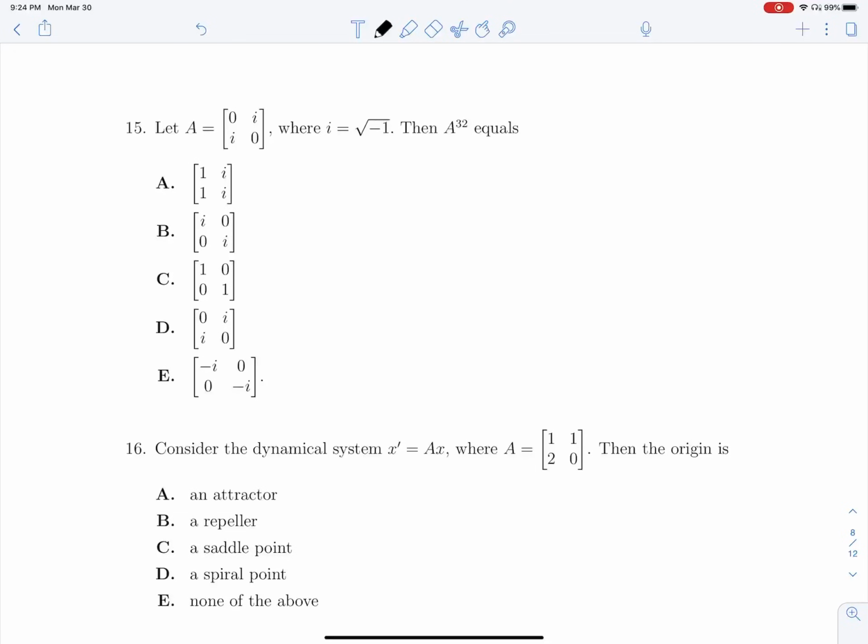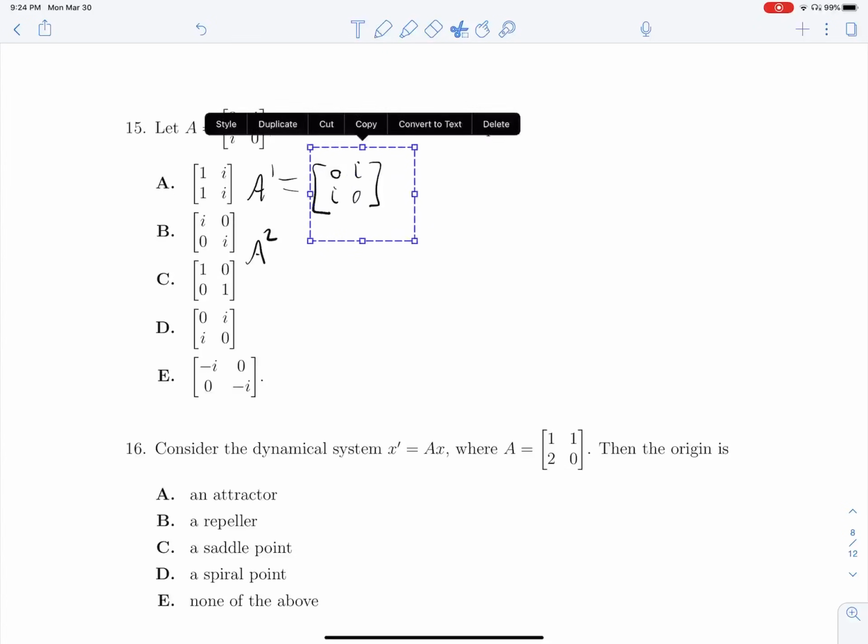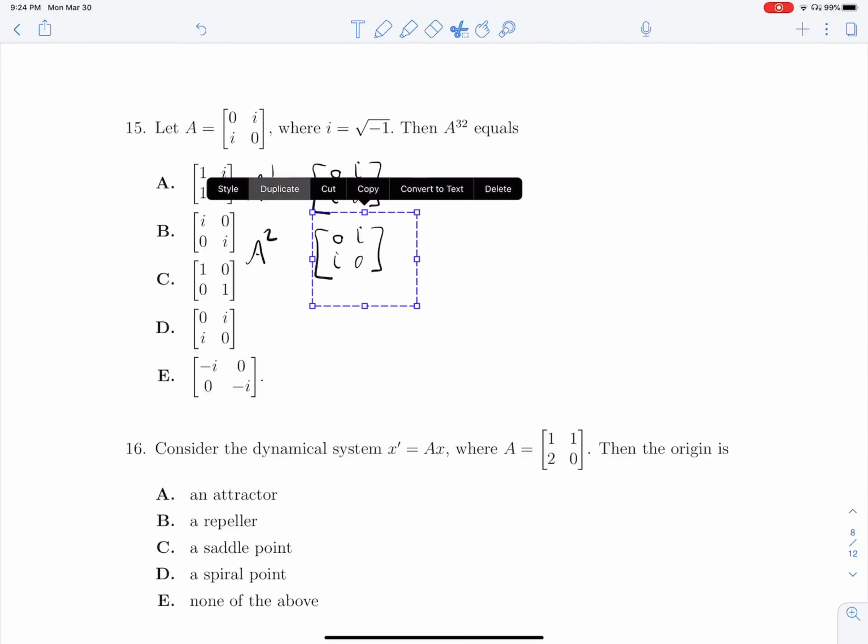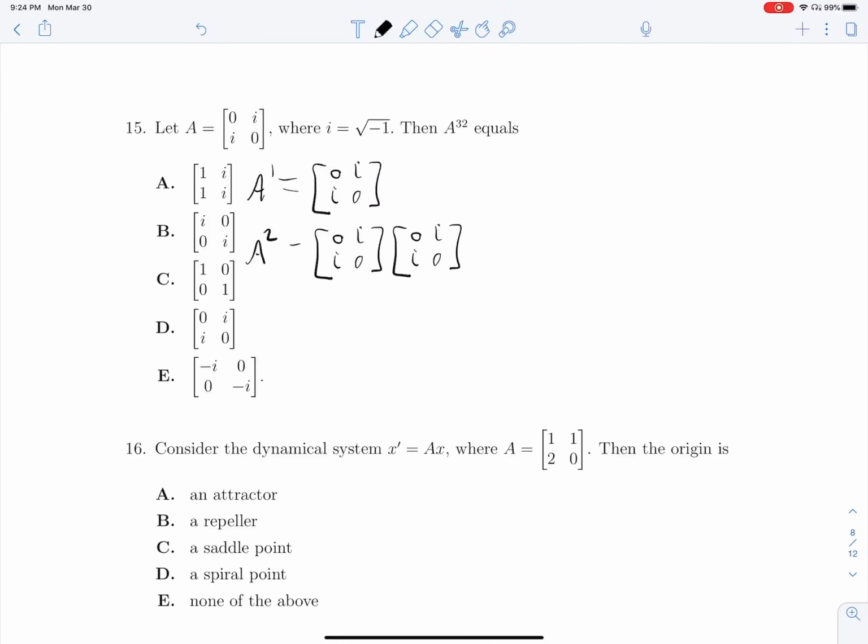So we know that A to the first power is equal to 0, i, i, 0, and if we're looking for A to the second power, we're just going to multiply A by itself, and that will give us negative 1, 0, 0, negative 1.